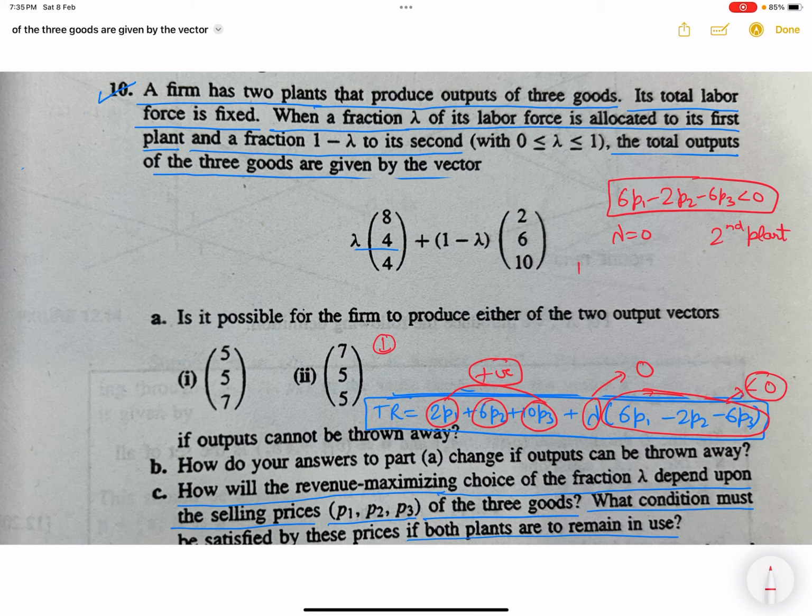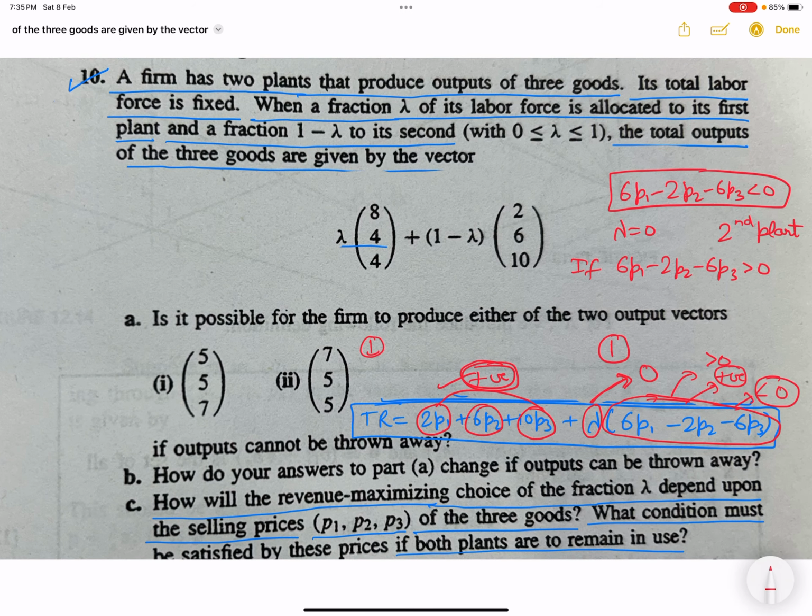And if 6p1 minus 2p2 minus 6p3 is greater than 0, then this is positive, and we would prefer to have lambda at the maximum possible value, which is 1, because in that case the revenue would be maximum.